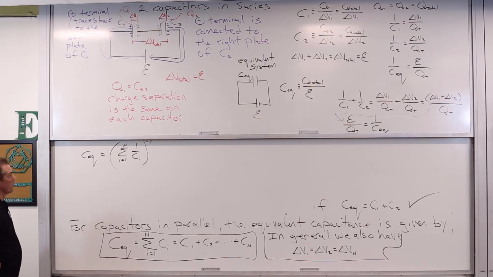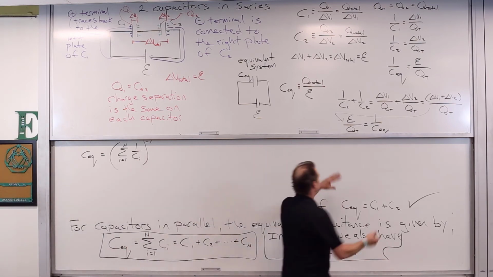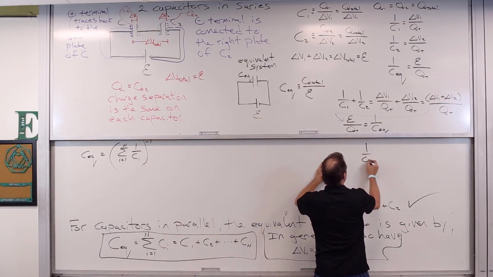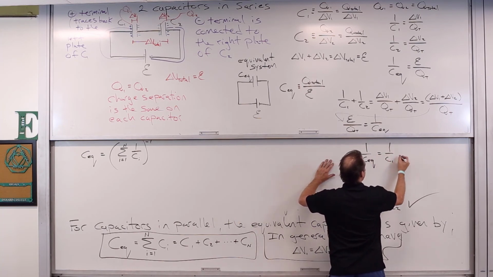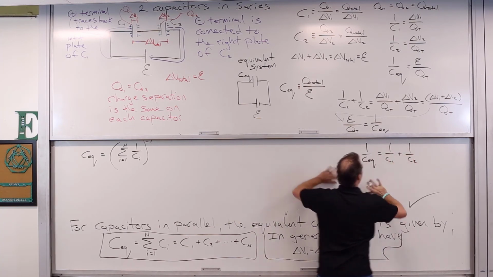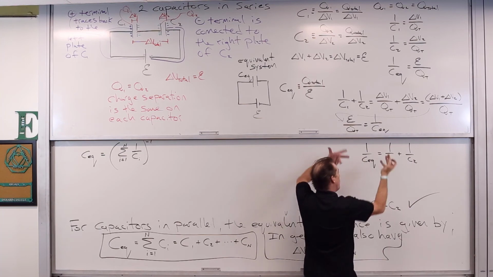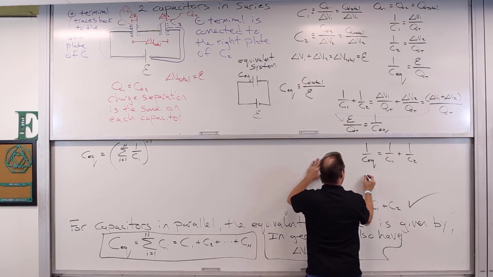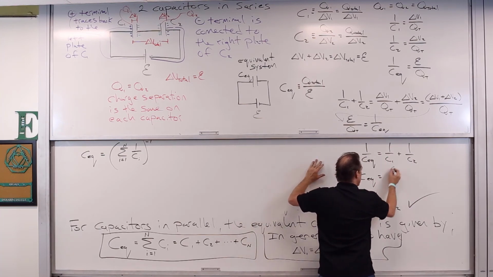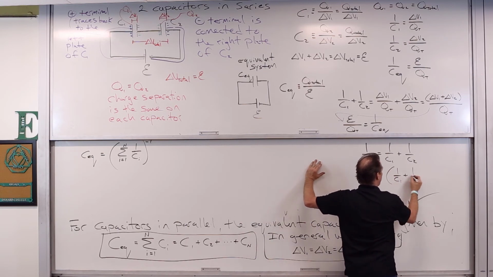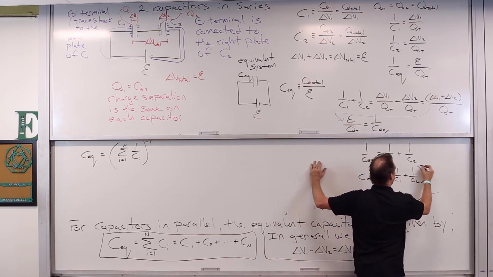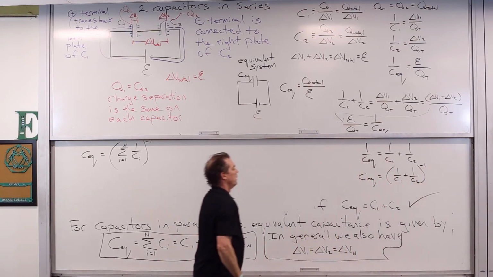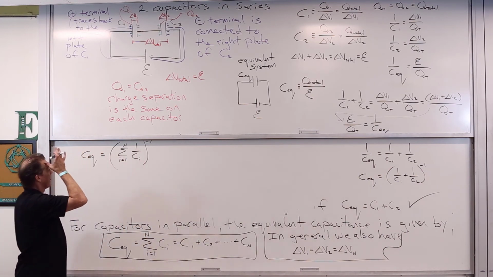Inverse of the sum of the inverses. This is because if we take 1 over CEQ equal to 1 over C1 plus 1 over C2 and solve for CEQ, we have to take the inverse of both sides, right? So CEQ is equal to the quantity of 1 over C1 plus 1 over C2, to the negative 1. Inverse of the sum of the inverses.